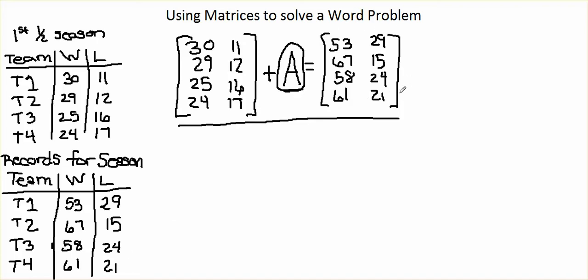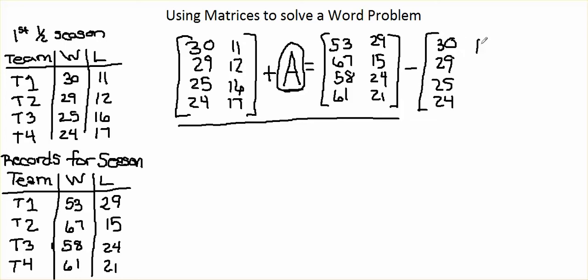In order to solve this, we're going to have to subtract this matrix from both sides of our matrix equation, like we would for a regular equation involving just a single number and a variable. So let's go ahead and subtract this matrix from both sides. And we would move this matrix over here using subtraction.